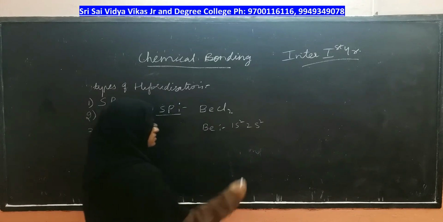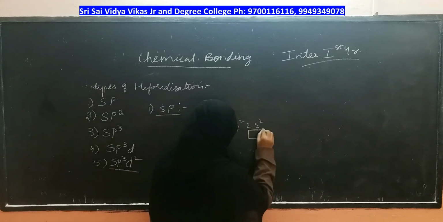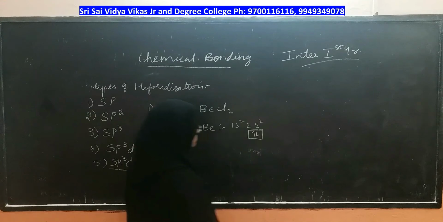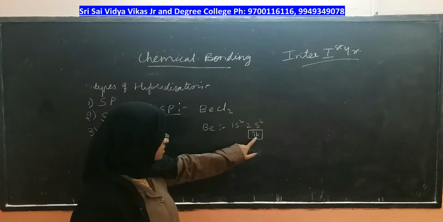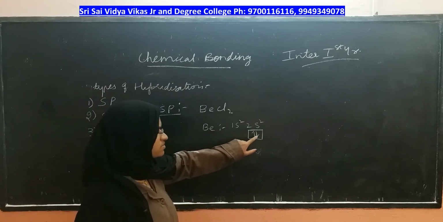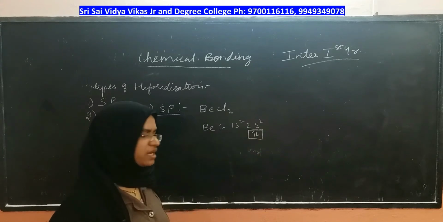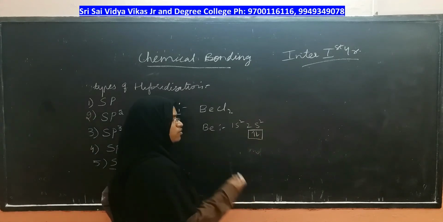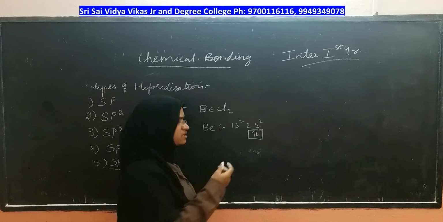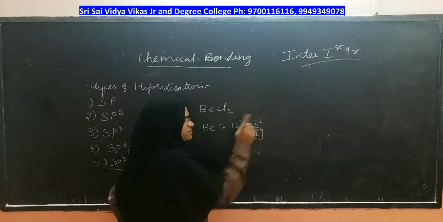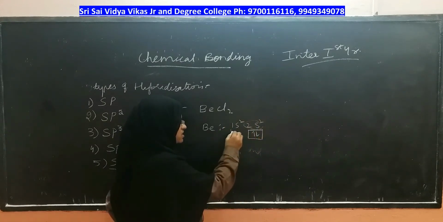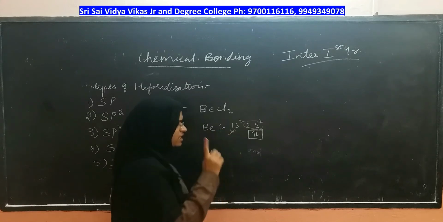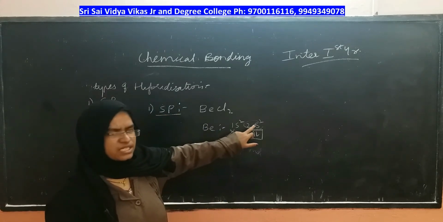Right, in the beryllium atom there is an electron pair present in the s orbital. Which is the valence orbital in this case? The s orbital. How many s orbitals are present? Only one. You should not take the inner ones because they are not valence. The valence orbital is only s.